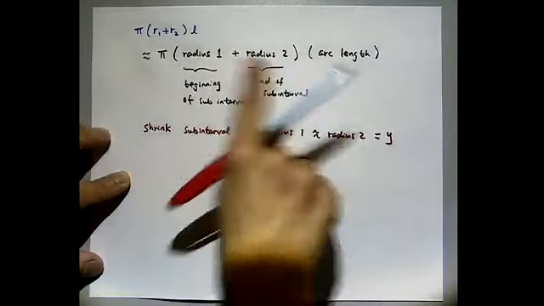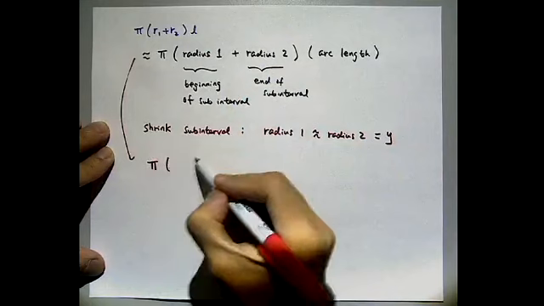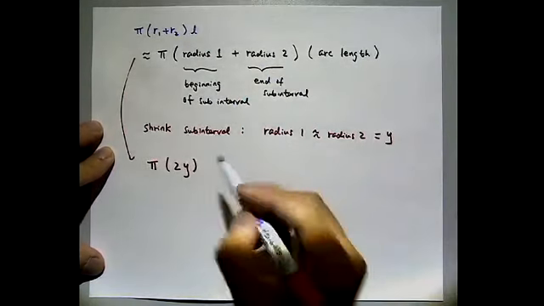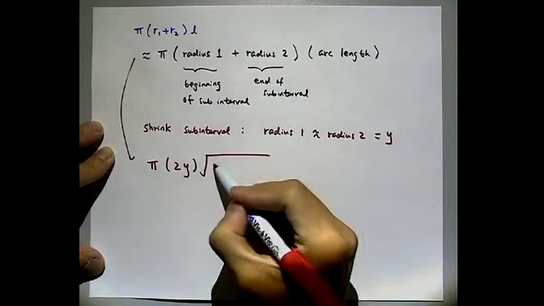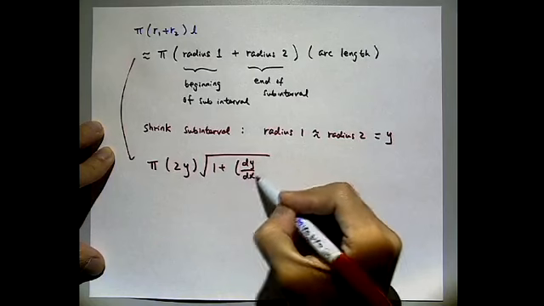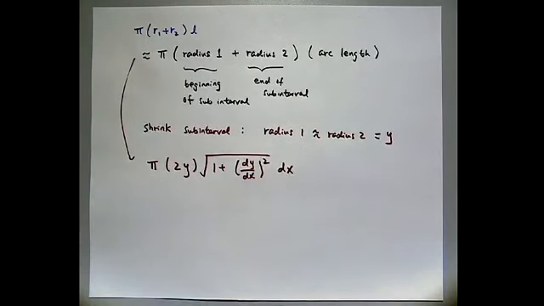Okay, so this thing becomes 2y. So pi times 2y. And arc length, we covered that just now. Radical 1 plus (dy/dx) squared dx, right?